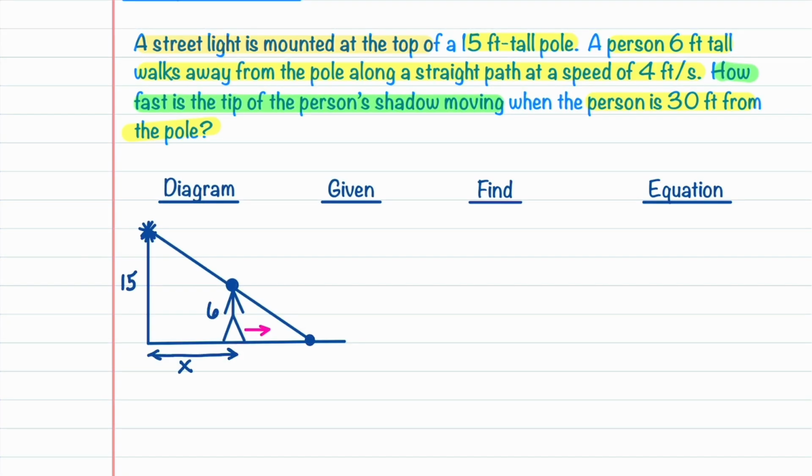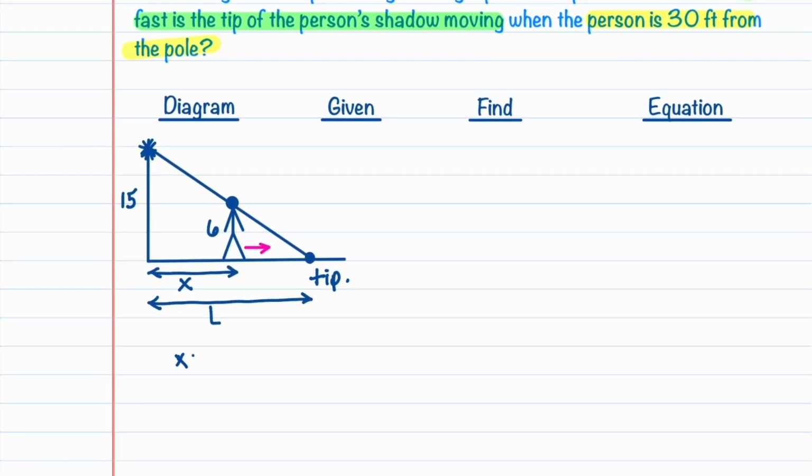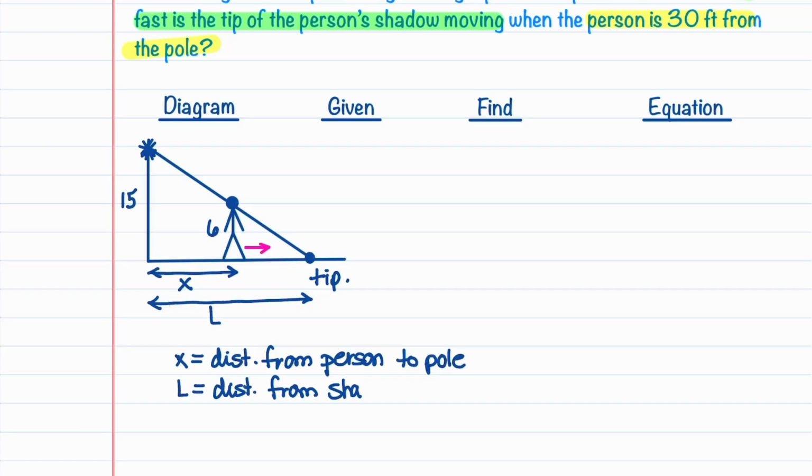This right here is the tip of the shadow, and we want to see how fast that's moving, so we need to assign a distance to this, and I'm just going to label that L. So let's say here that x is the distance from the person to the pole, and then L is our distance from the shadow, or the tip of the shadow, to the pole.